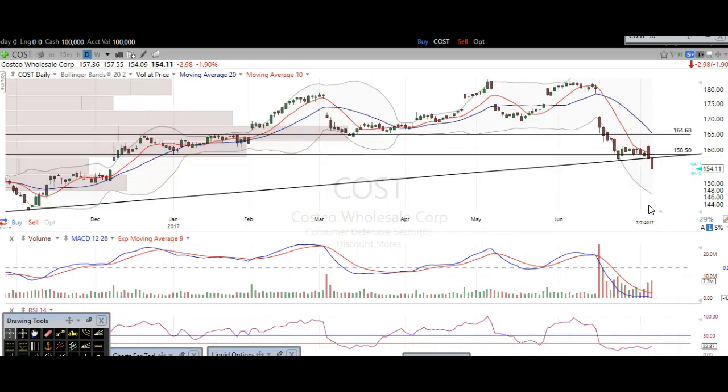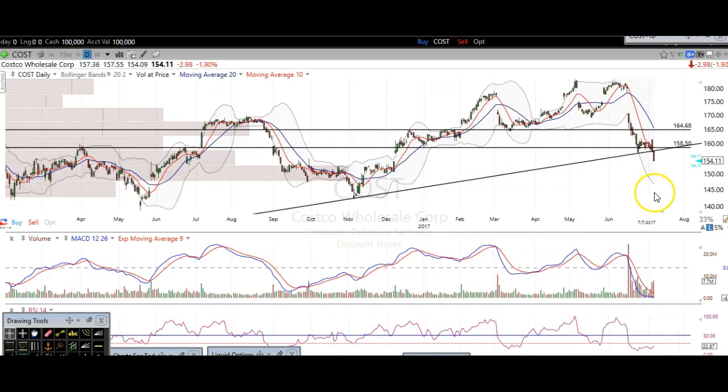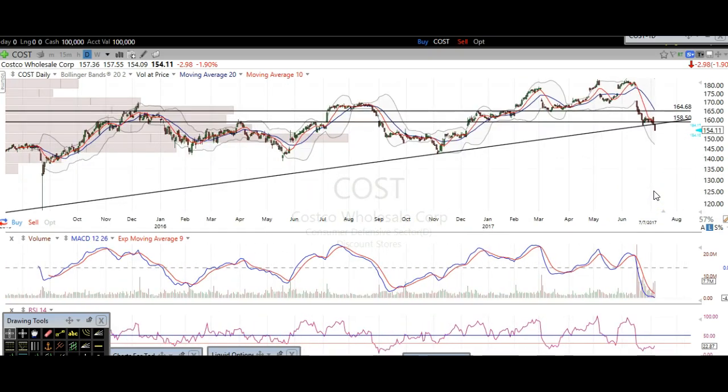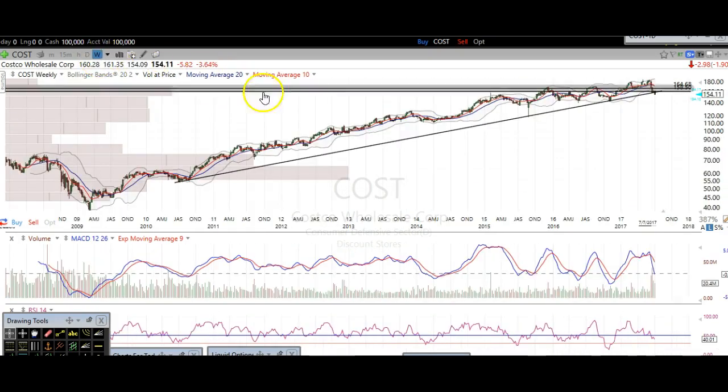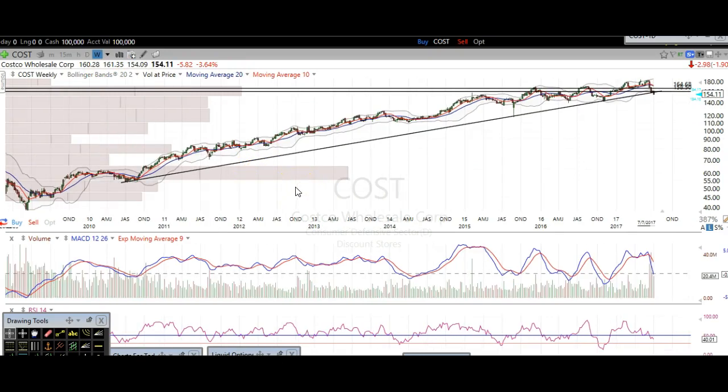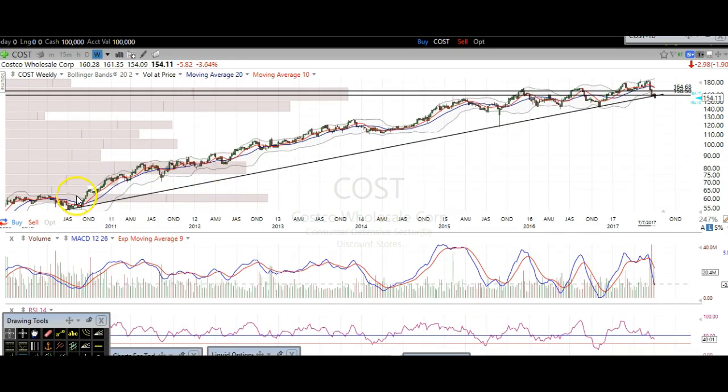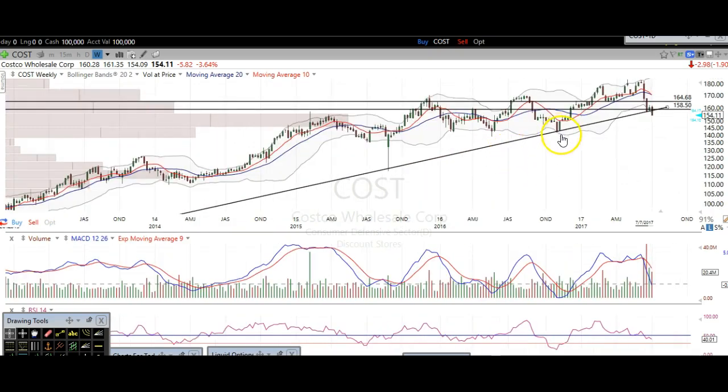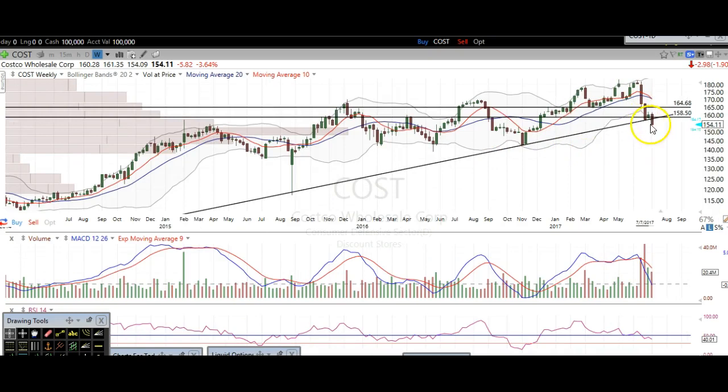So we've got some bearish action here on Costco, and you can see this trend line that has given Costco a bounce for the last 7 years. Started here, ground up against it for almost a few months, got a bounce here, got a bounce here, and you can see we're breaking it right there.